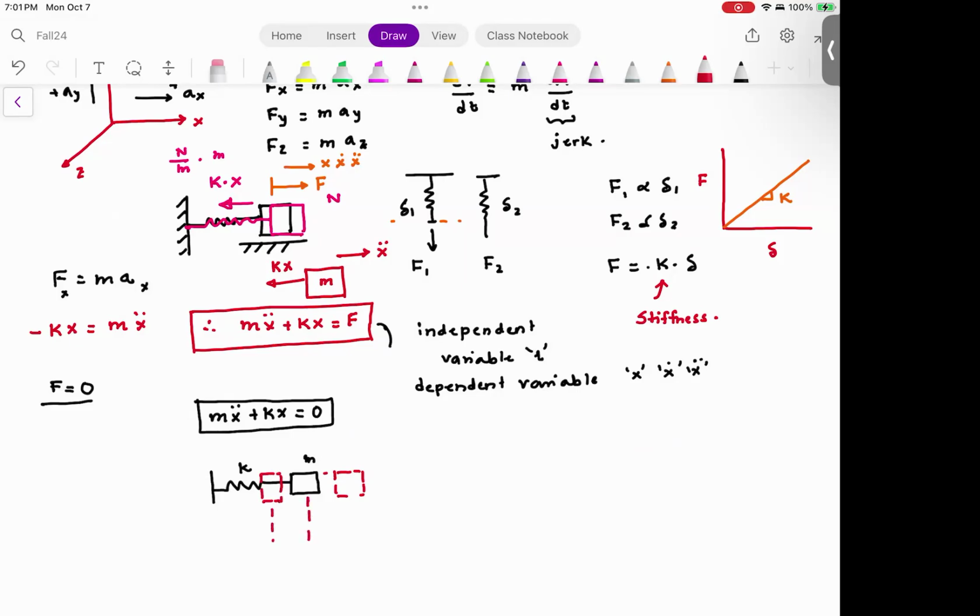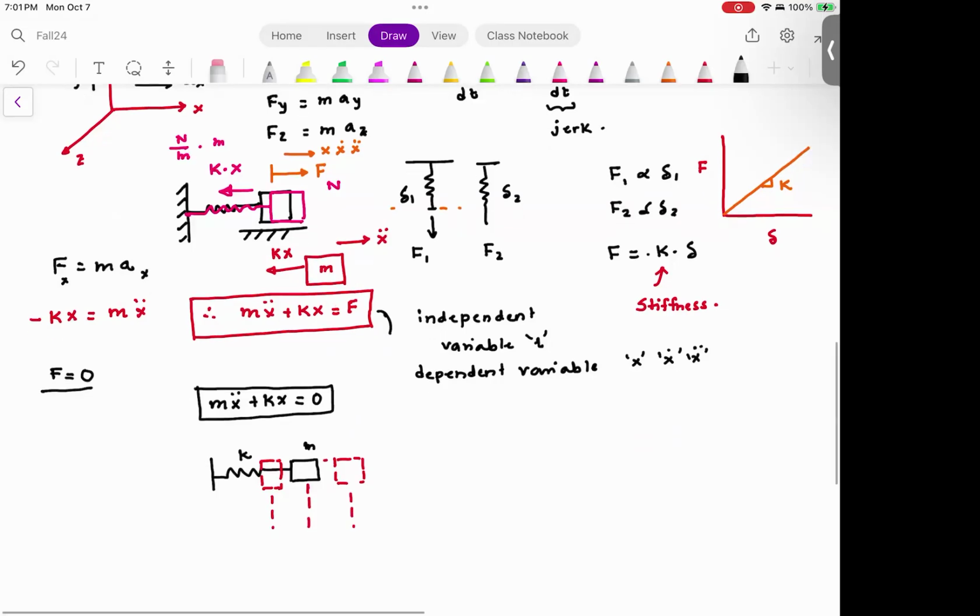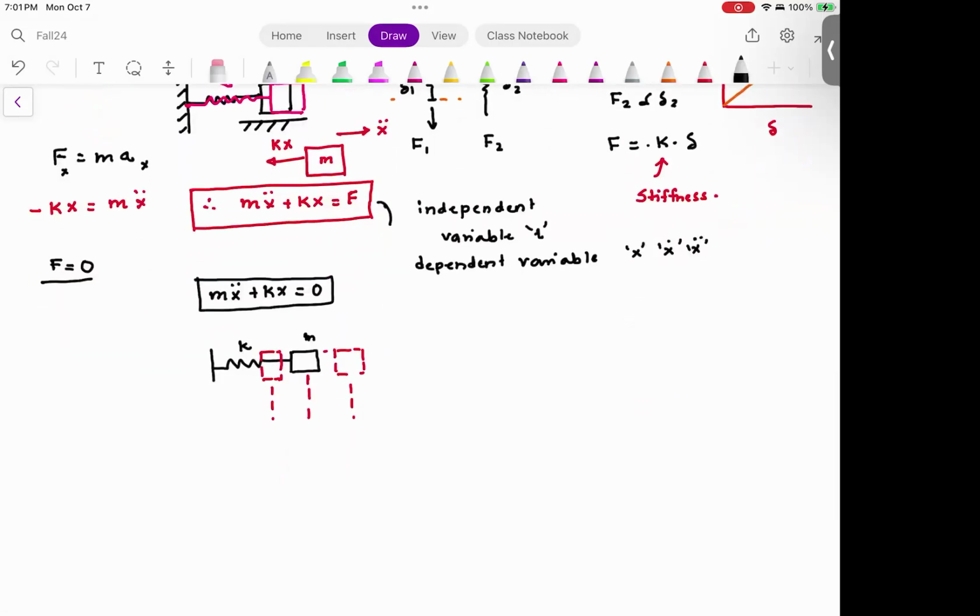I can guarantee you most of you know this, but I want to explain this from a physics point of view. This mass is going to perform something called simple harmonic motion, which means it will go up and down, left and right, depending upon where that mass is located. It's going to go towards right and left, right and left. Everyone understood this?